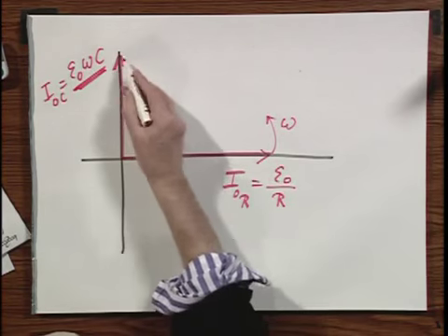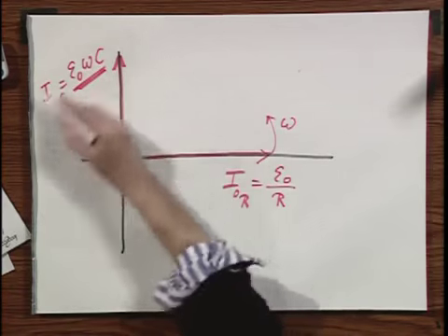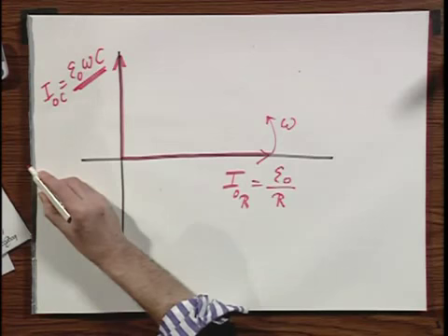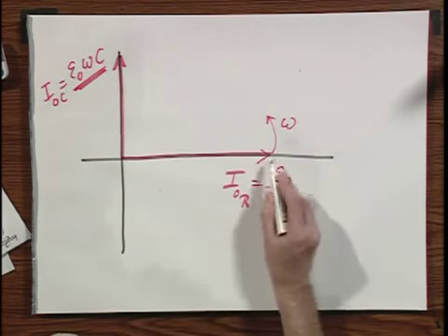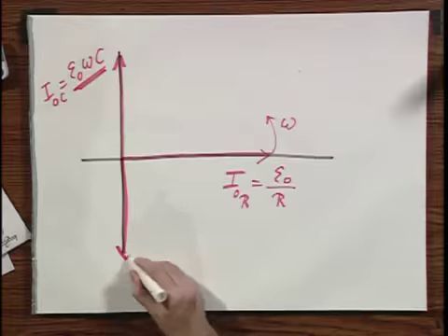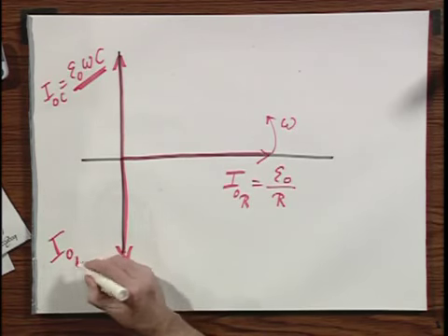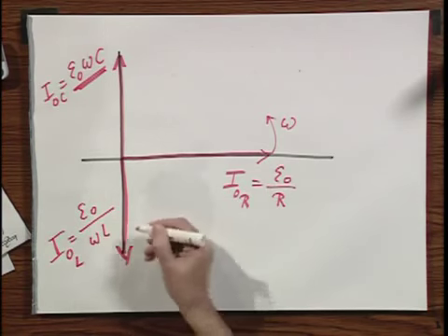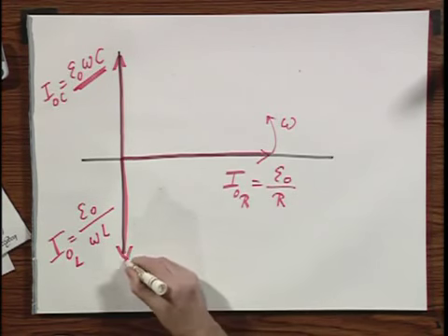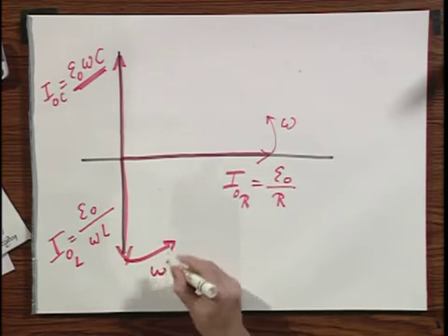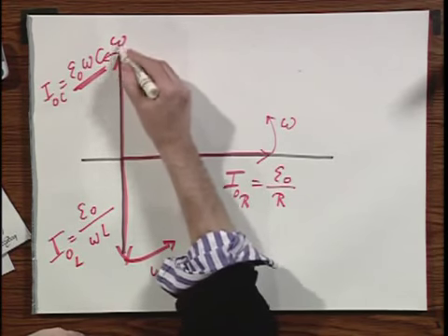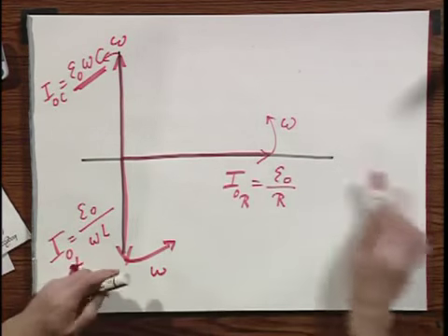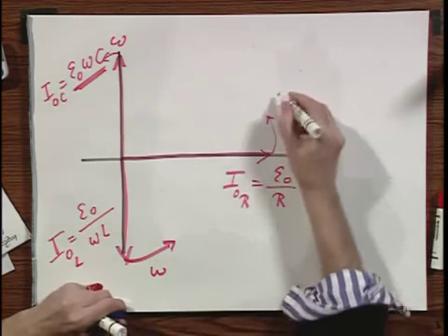And of course, this one also goes around with angular velocity omega. At this moment in time, the projection is 0, but when it's here, it is maximum in one direction, and when it's here, it is a maximum in the other direction. And I0 going through the self-inductor equals E0 divided by omega L, which follows from what I just did only minutes ago. And this also goes around with angular velocity omega. And these three vectors together are coupled, they all go around with angular velocity omega.